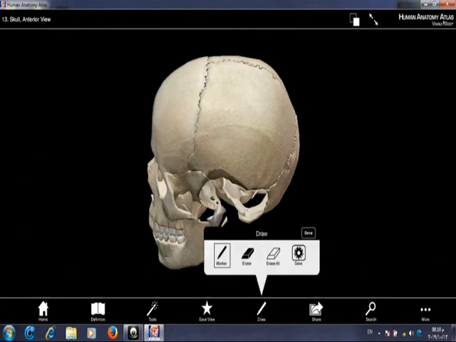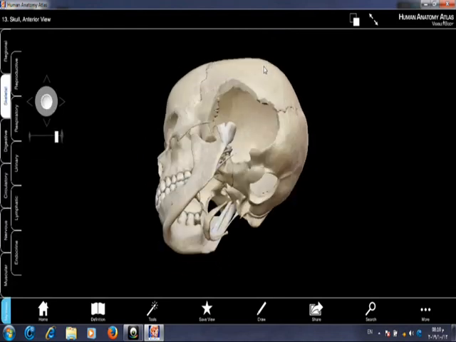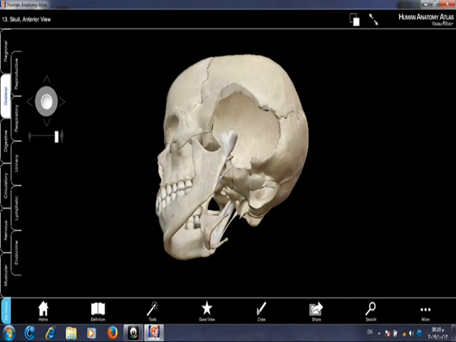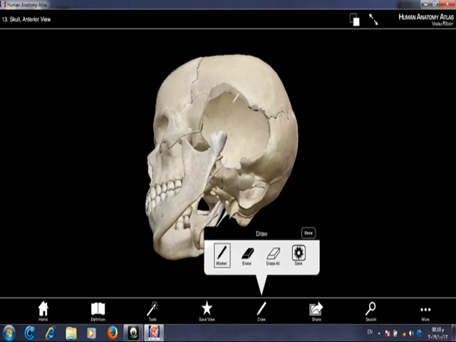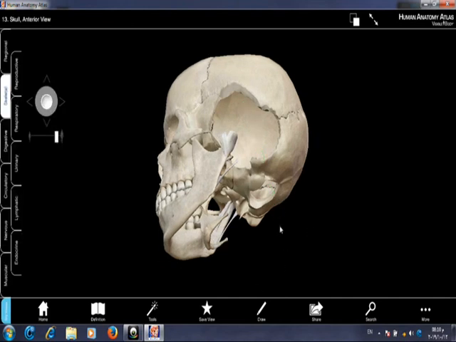And from this cranium, the brain connects through the foramen magnum to the vertebrae of the neck, or cervical spine.